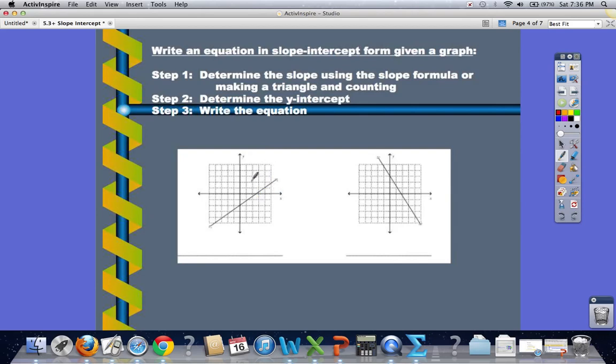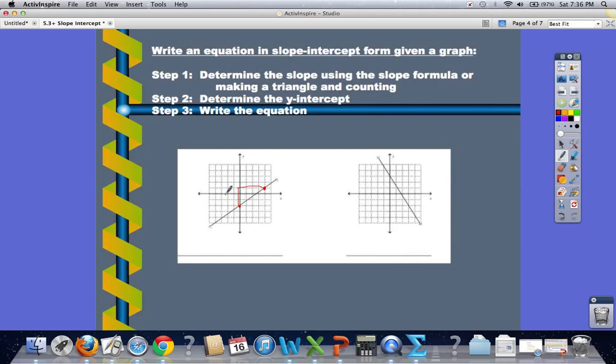But if you want to use the points, you have to find the exact point. I'm going to use this point right here, which is right at a corner. And I'm going to draw up and over to meet that other point. And then I'm going to count how many spaces I went.